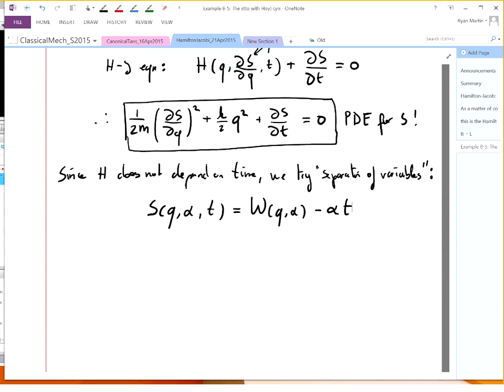So I'm going to try this as a solution. It's a little bit arbitrary that I chose the same alpha to go with the T as the alpha inside the W. But I'm going to try this solution and see what happens.